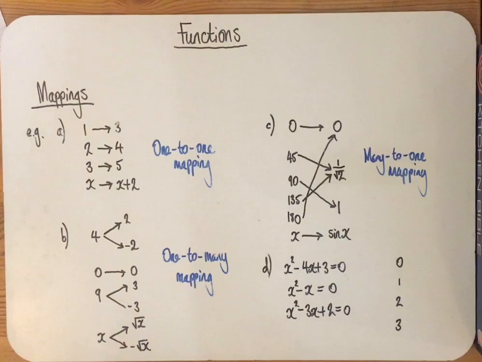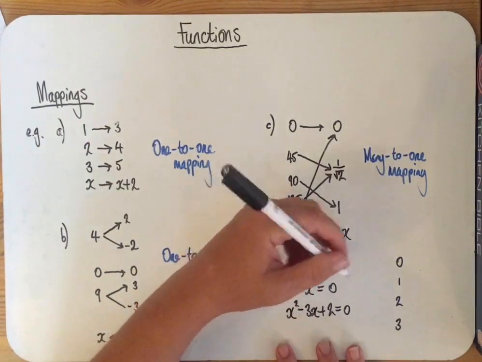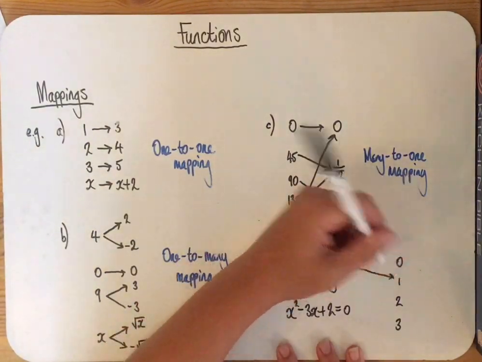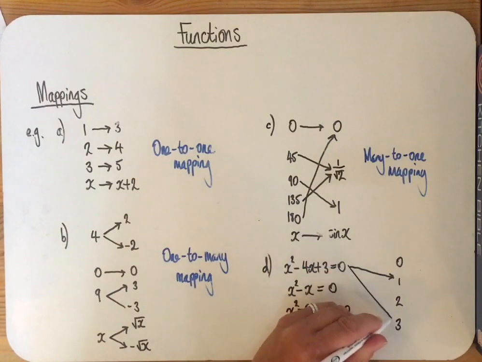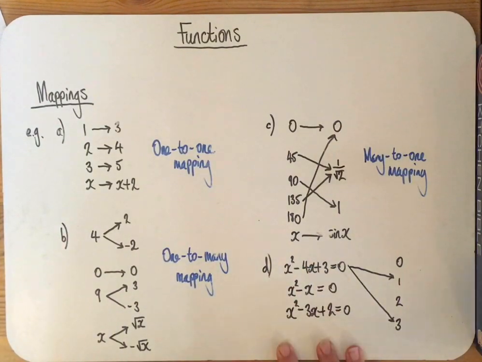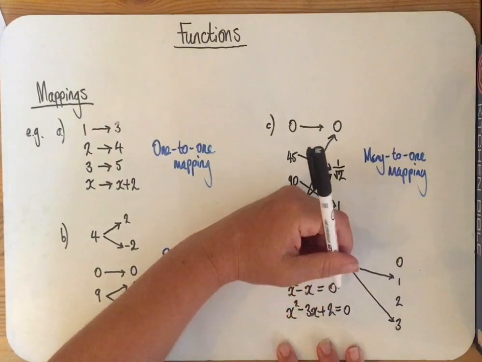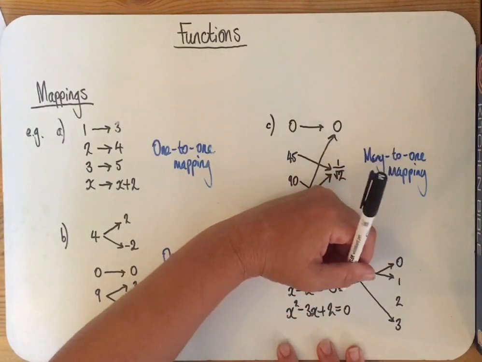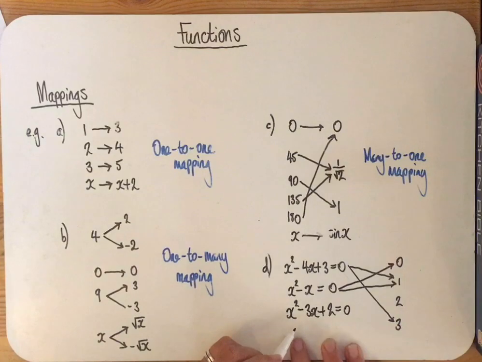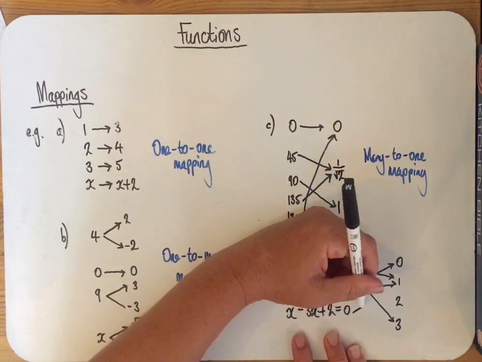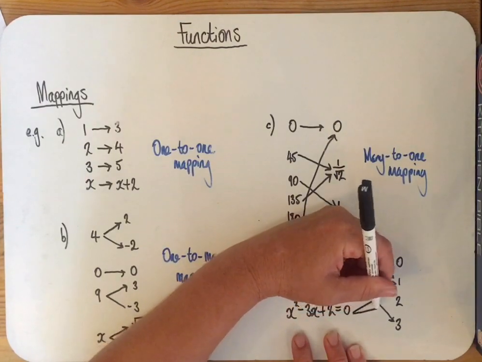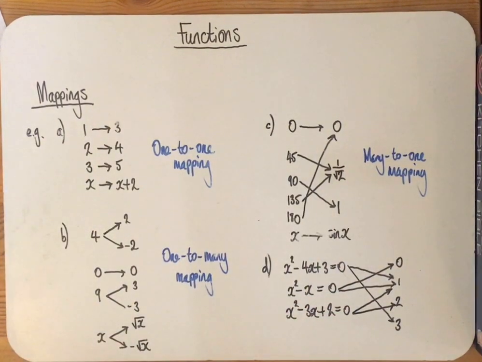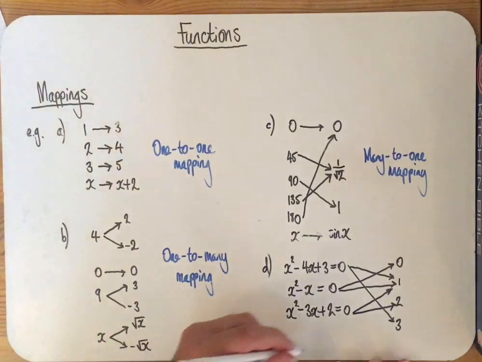If we map onto the roots, i.e. the solutions of these functions, then this one is going to 1 and 3. This one here has solutions at 0 and 1. And this one here has solutions at 1 and 2. And that's an example of a many-to-many mapping.